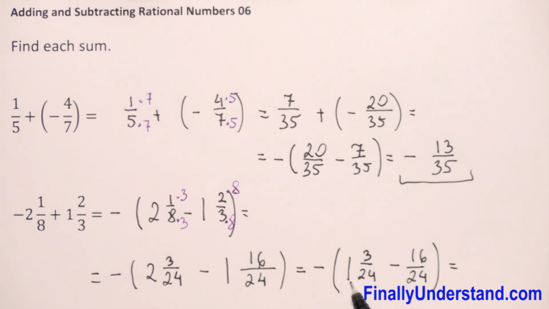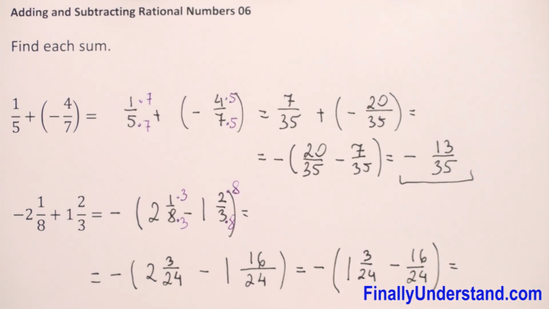We cannot do that. So we will change this mixed number to improper fraction. How we do this? We multiply denominator by whole number and we add numerator. So we have 24 times 1 is 24 plus 3 is 27. So we have 27 over 24 minus 16 over 24. So this is equal. Negative sign we have to copy.